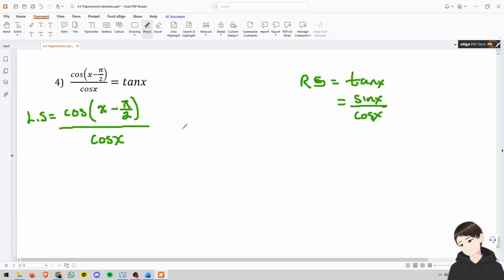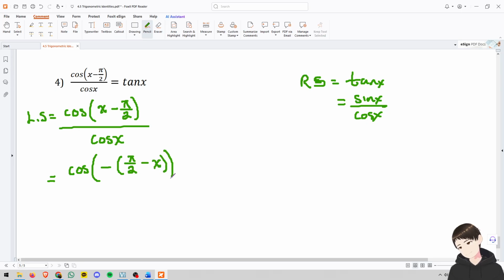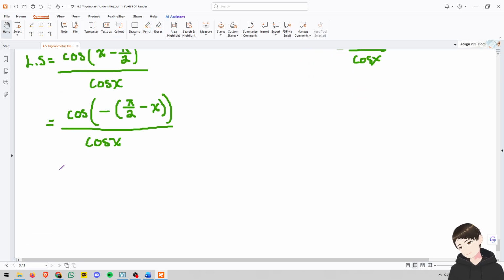x minus 90 degrees. I wonder, it would be much nicer if you remember our formulas. It's actually nicer to have the 90 degrees first in this way. I'm actually going to do it like this. I'm going to factor out a negative, leaving me with positive pi over 2 minus x. So I don't know what this angle is, but it's a negative of it now.